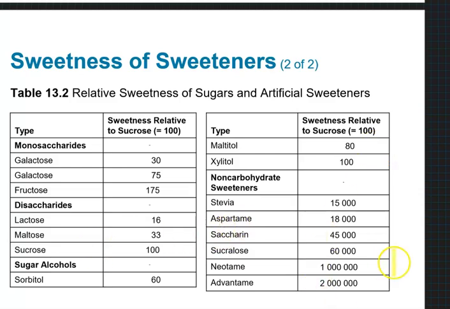You see lactose and maltose aren't as sweet. Milk itself isn't sweet. Beer, which contains a lot of maltose, isn't sweet. And sugar alcohols aren't particularly sweet as well. When you start looking at the sweeteners that are not carbohydrates, it goes pretty insane.